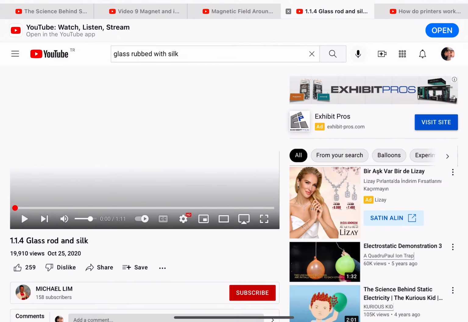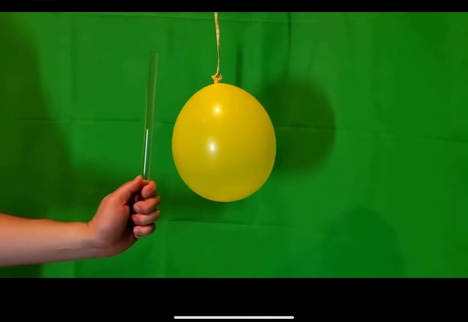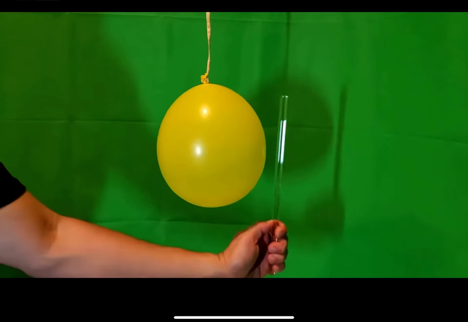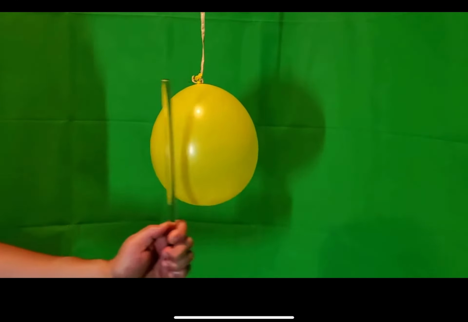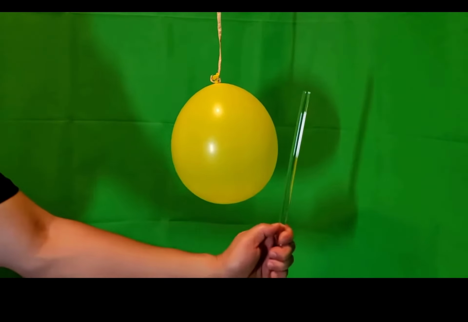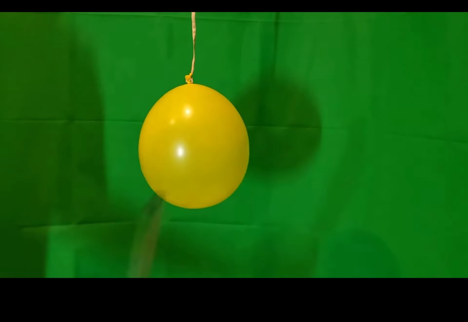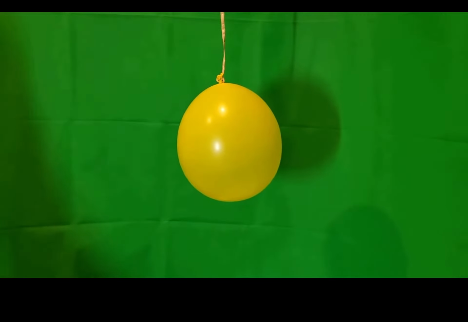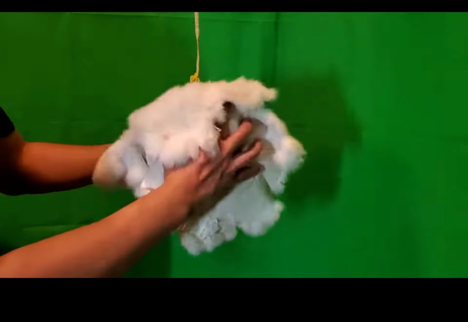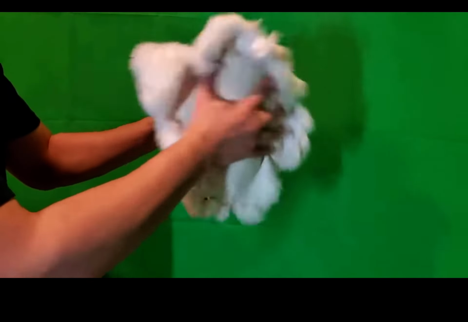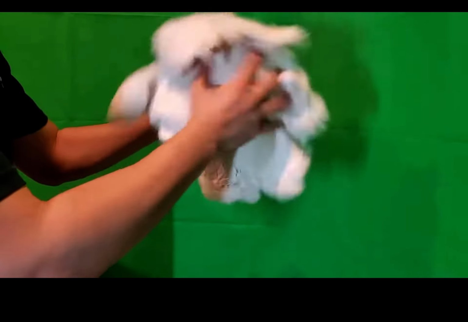So let's see this experiment. You can see that we have a balloon that is initially not charged. The glass rod is initially not charged, and this glass rod will be rubbed onto silk now, and also the balloon is getting charged.